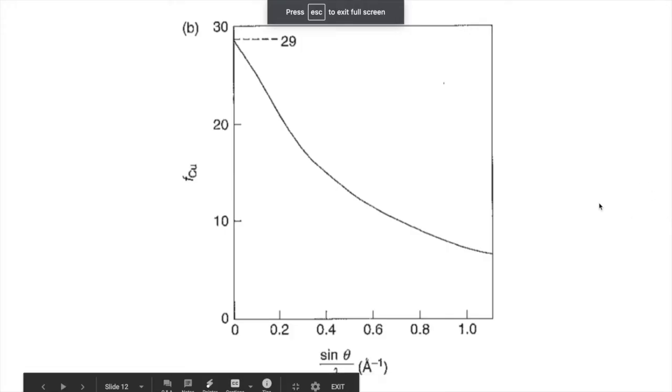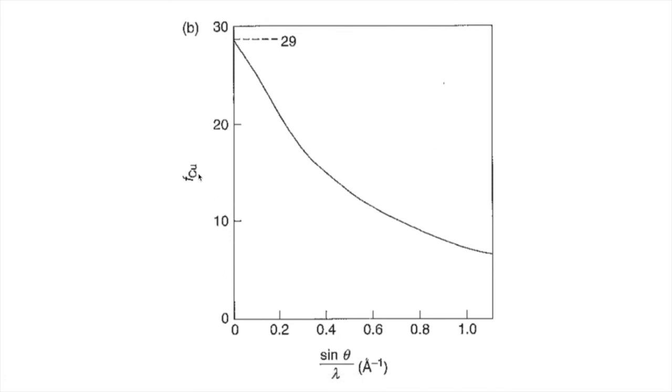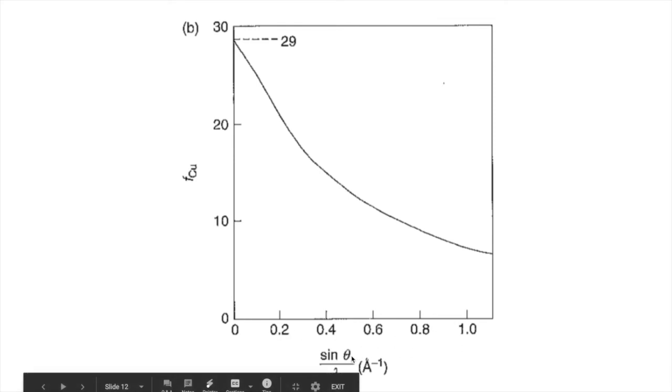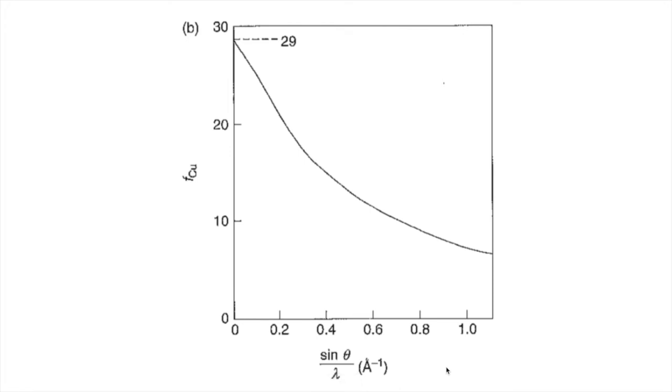All right, so this plot shows us the atomic scattering factor for copper plotted on the y-axis versus this factor involving the angle theta and the wavelength lambda. Assuming that the wavelength lambda is constant for this experiment, the only thing changing would be the angle, which increases with increasing values here.